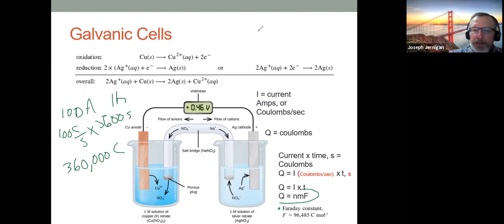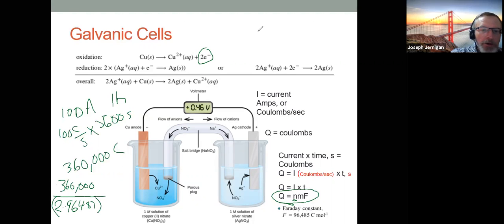Let's use this equation here. So 360,000 coulombs divided by, and let's look at our copper example, we're going to have to divide by 2, right? The 2 electrons, times F, 96,487. And again, I'm not able to put the units, but you should do that to keep up with them.